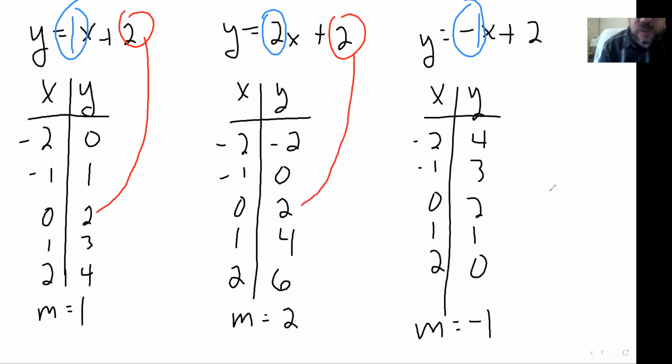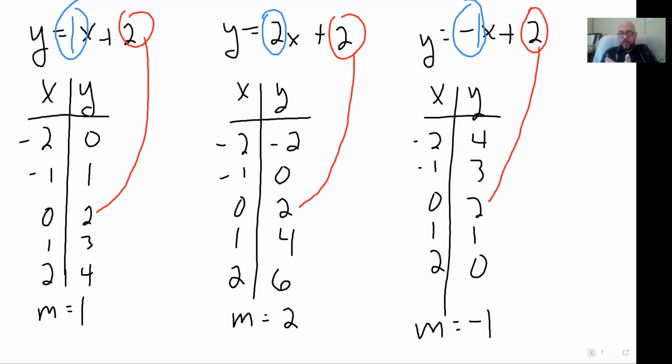That is also not a coincidence. So it turns out that when you have your line in the form y equals mx plus b, which is the usual lettering here, the coefficient in front of x is the slope, and the constant term here is the y-intercept.